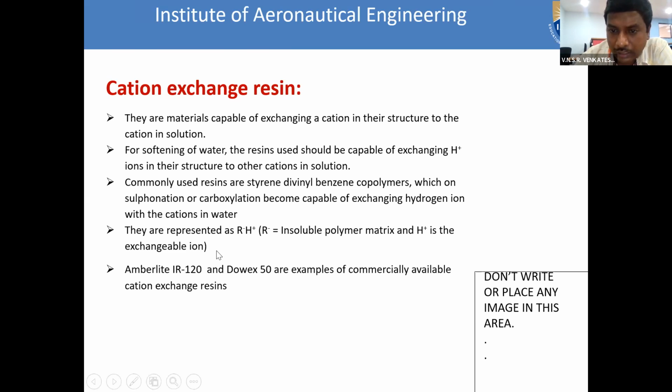The commercial examples for cation exchange resins are Amberlite IR120 and Dowex 50. These are examples of commercially available cation exchange resins.